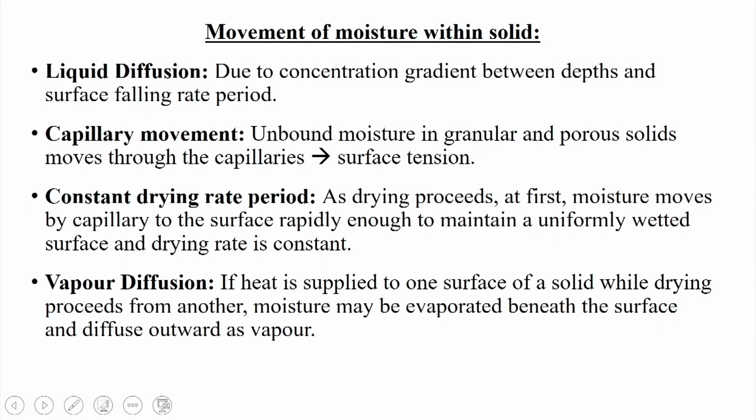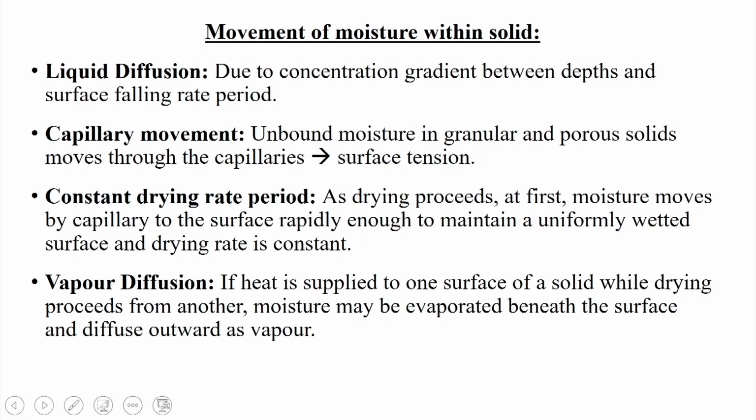In the constant drying rate period, as drying proceeds, at first the moisture moves by capillary action to the surface rapidly enough to maintain a uniformly wetted surface, and the drying rate is constant. So, by capillary action, the water moves from the interior of the wet solid to the top surface.